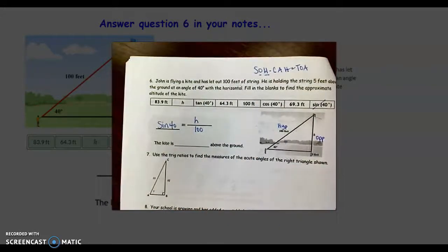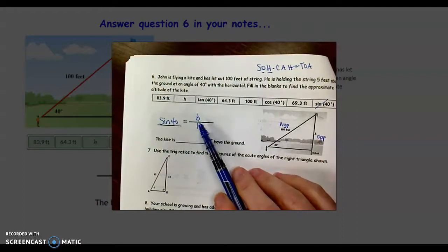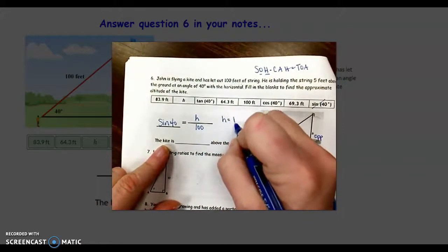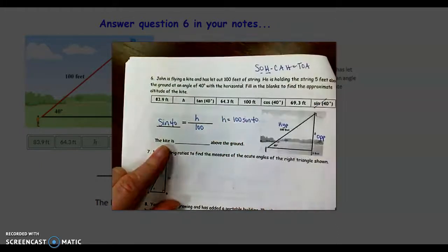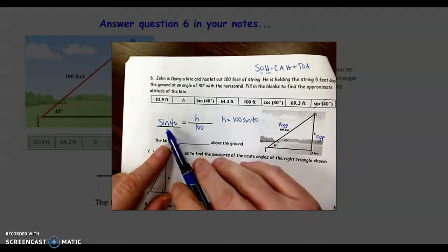We just got finished talking about which operation to use, multiplication or division, depending on where the variable is. Since my variable is in the numerator, I'm simply going to multiply the 100 times my trig function of sine of 40. If h would have been in the denominator, I would have 100 divided by sine of 40.